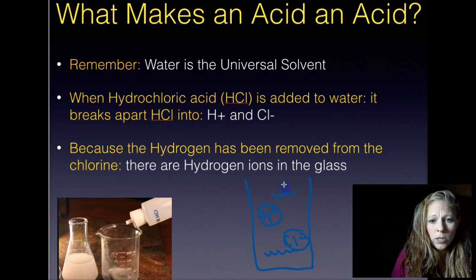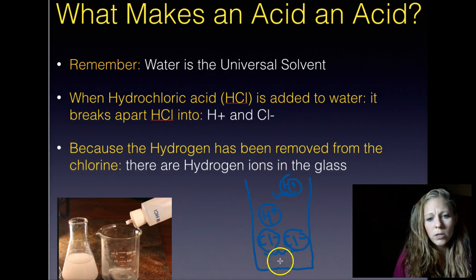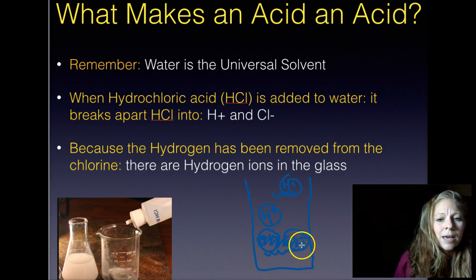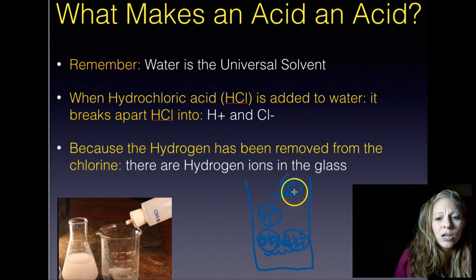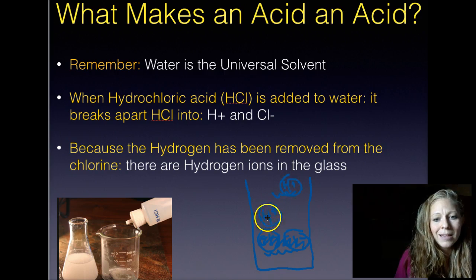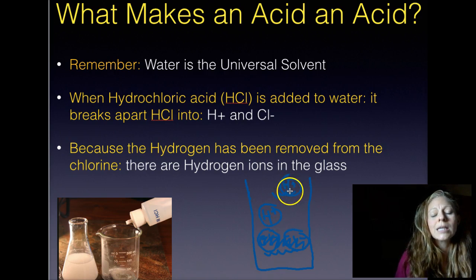So let's put a couple more in here, H plus and Cl minus. Now the chlorine is important, but we don't really care about that right now, so let's ignore that. What's important is that it has hydrogen ions. Because this substance now has hydrogen ions, this makes it an acid.